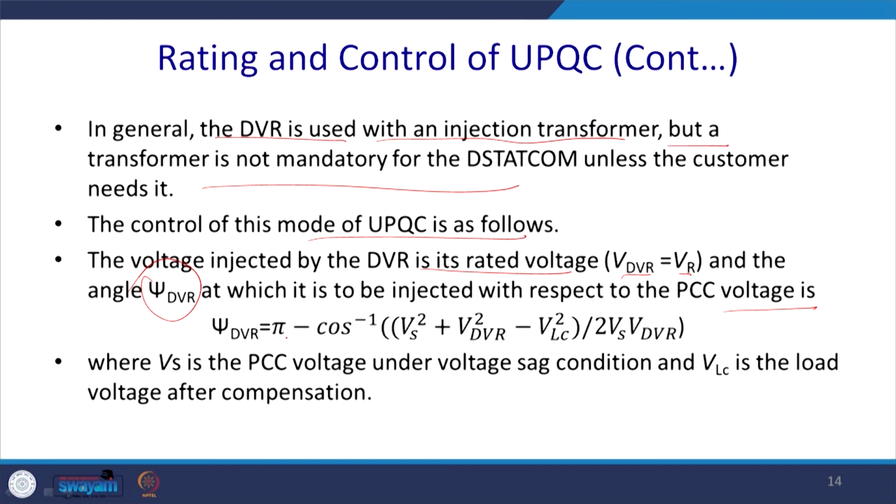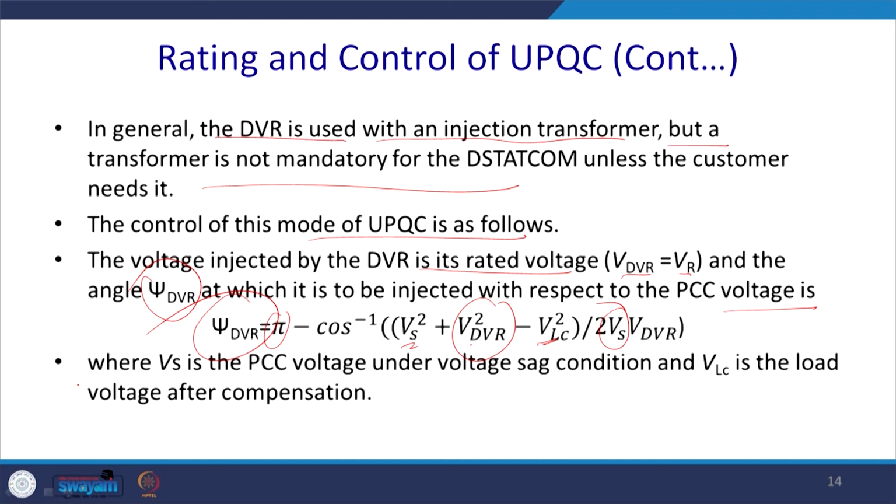We can calculate psi as pi minus cos inverse of Vs, that is the source voltage, over the rating of the DVR, and the compensated PCC voltage, divided by 2 Vs into V_DVR. From there we can optimally calculate the value of psi. Why is it optimal? The value of Vs may be changing due to sag and swell, and accordingly the injection angle is required to change.